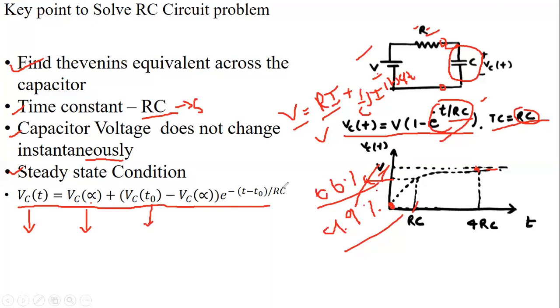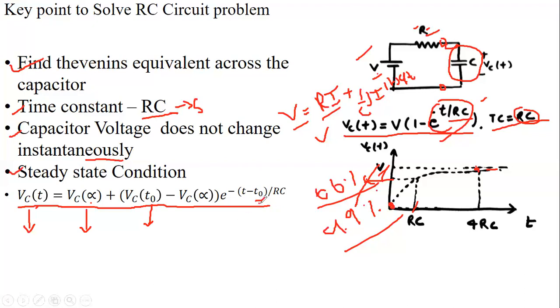So the voltage across the capacitor at time t is VC(infinity) plus VC(t naught) minus VC(infinity) times e to the power minus (t minus t naught) upon RC.